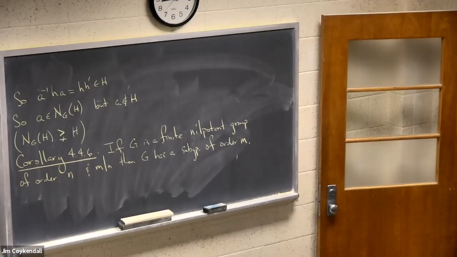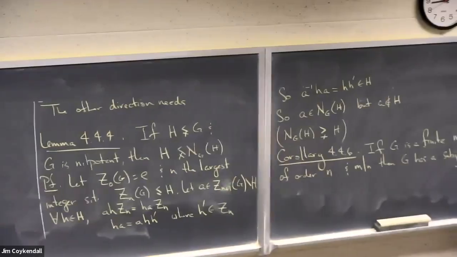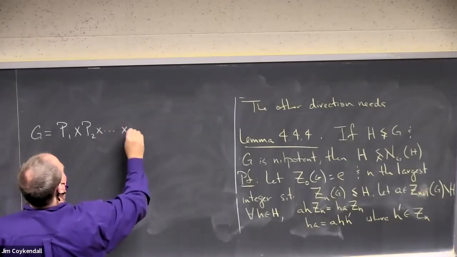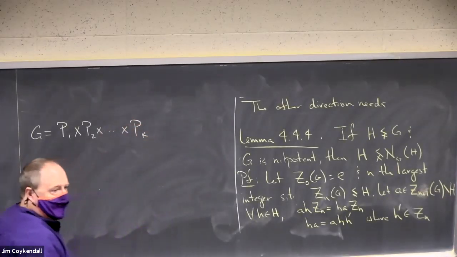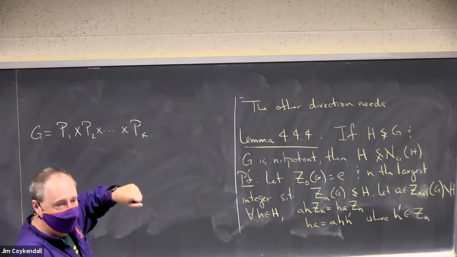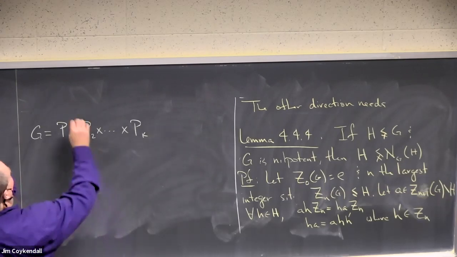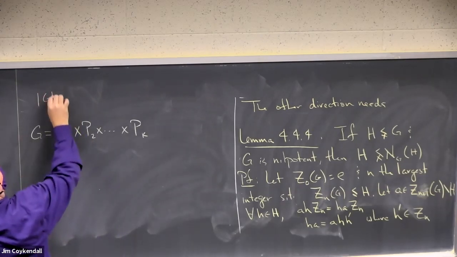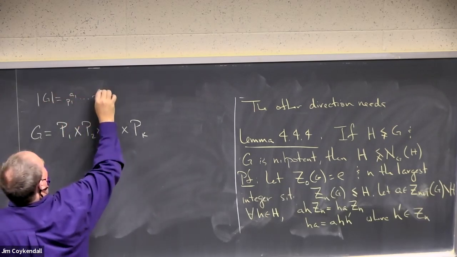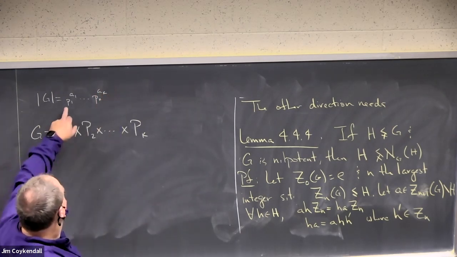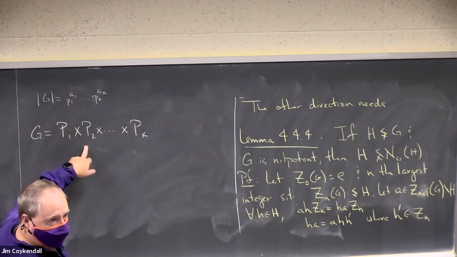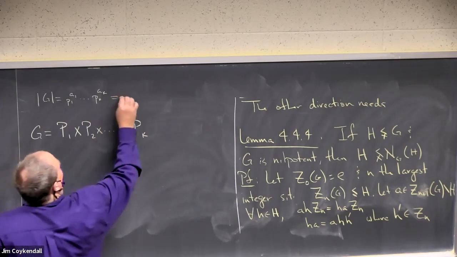Let me draw you a diagram of the corollary. G, if it's nilpotent and finite, is the direct product of its Sylow p-subgroups. Do I agree with that? And so the order of G is p1 to the a1 up to pk to the ak, where pi to the ai is the order of the Sylow p-subgroup.